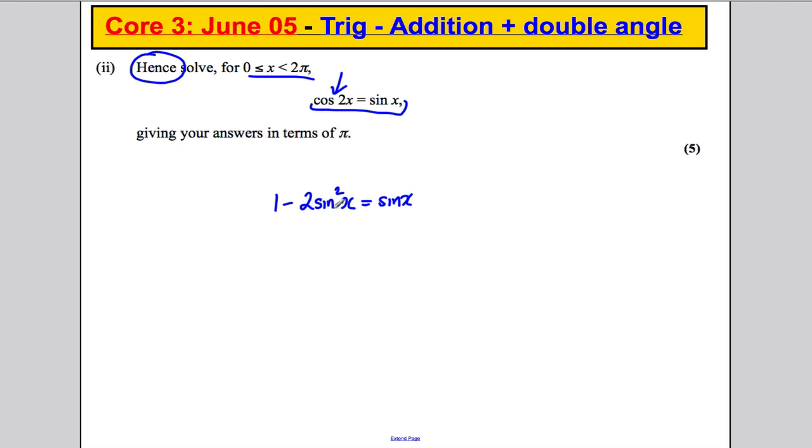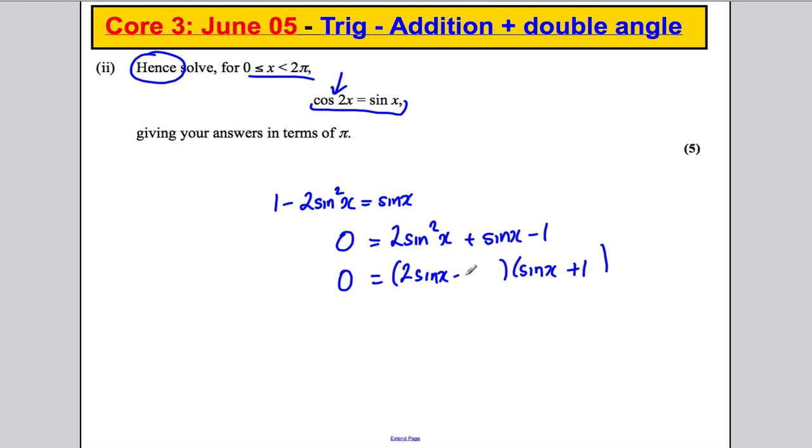Add 2 sine squared x to both sides, subtract 1. 0 is 2 sine squared x plus sine x, subtract 1. Can I factorise that? Well, yes I can. It'd be a plus 1 there and a negative 1 there. So therefore, on the one hand, sine x is equal to a half, and on the other hand, sine x is equal to negative 1.